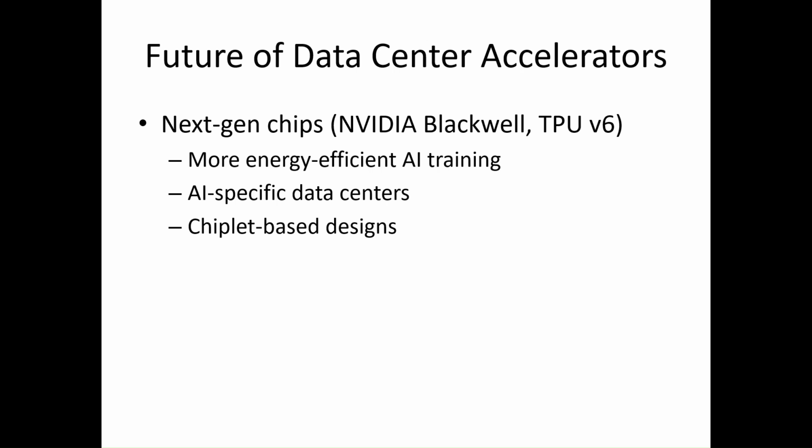We can expect more energy efficient AI training, AI-specific data centers, and chiplet-based design, like more energy efficient chips or mixed math components, and a stronger software ecosystem that makes multi-accelerator training easier and more efficient. Cloud providers will keep expanding accelerator instances.